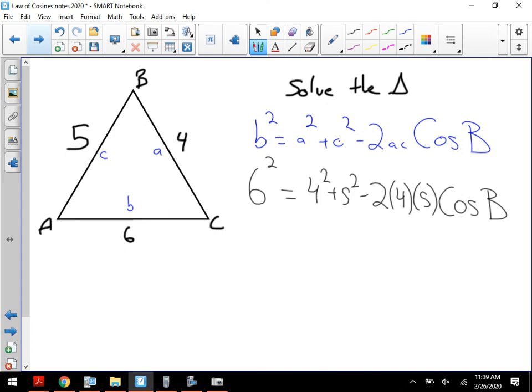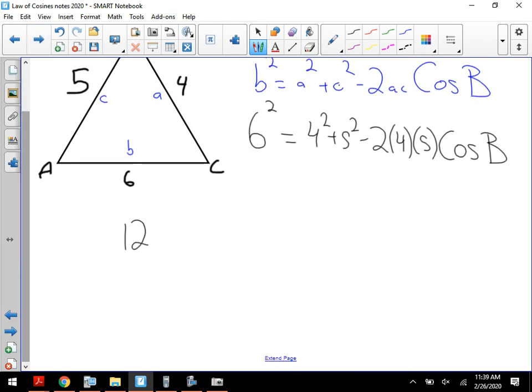At this point, this problem really isn't anything different than solving for x in a simple equation. What would you do first if I had to solve for x? I would subtract the 4, good. And then I'd have 8 equals negative 5x.